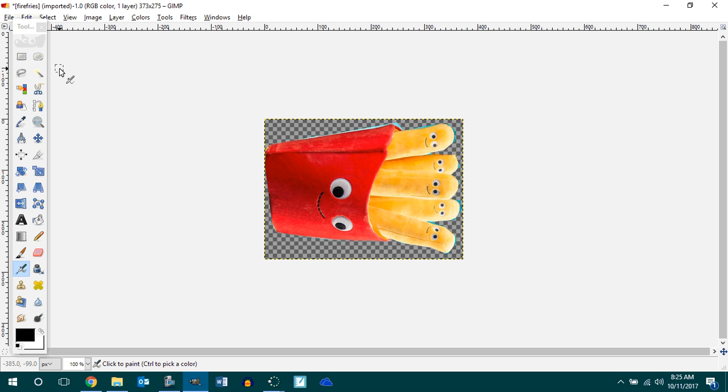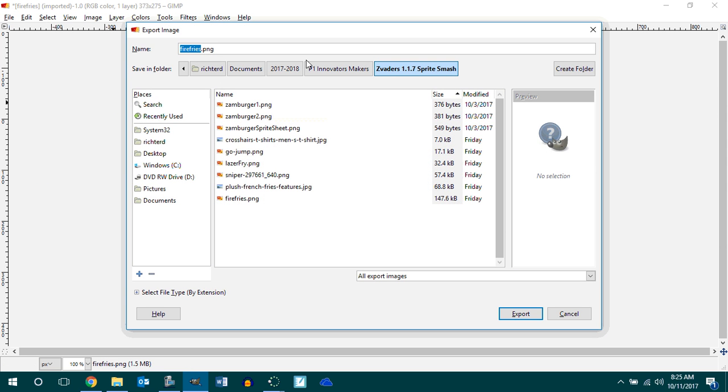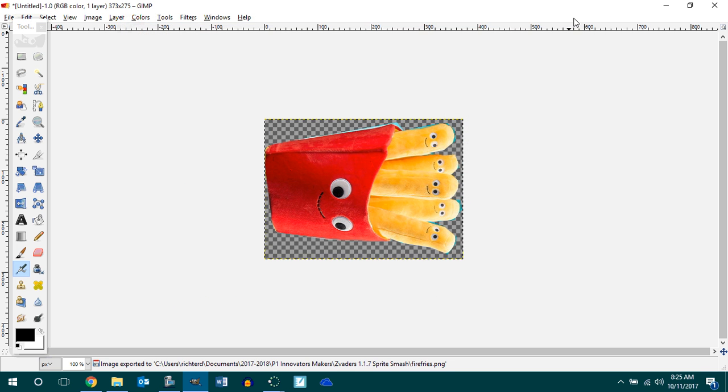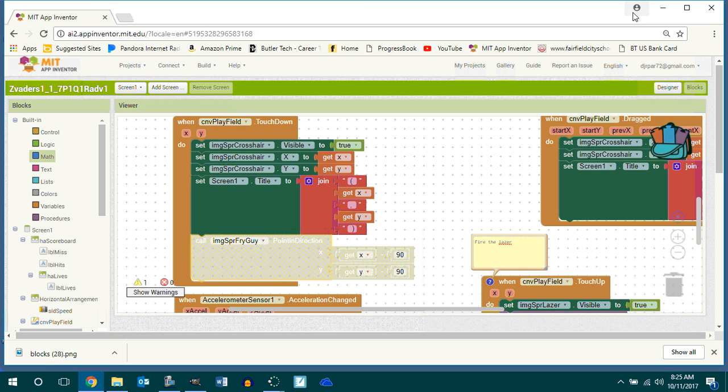Now this thing's starting out east. Okay? So I'm just going to export it as firefries.png, replace, export. You got to go east with it.